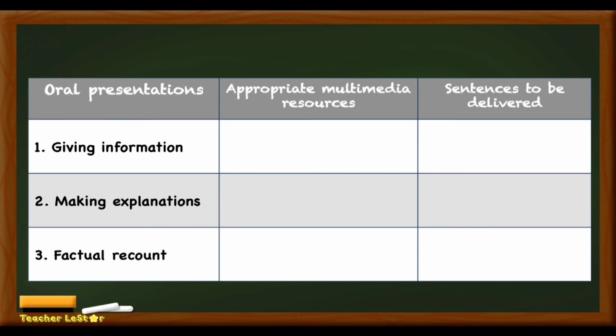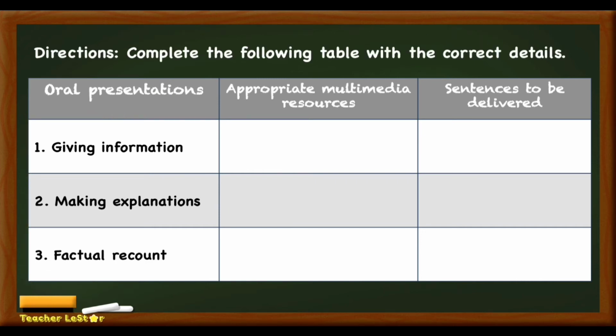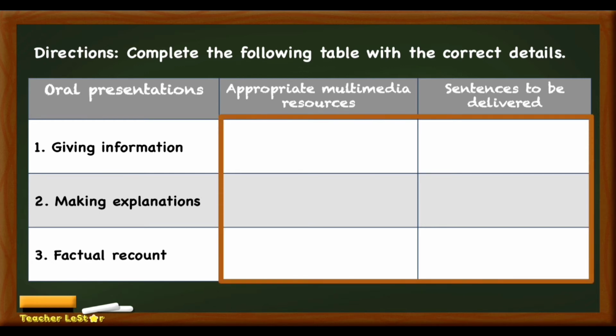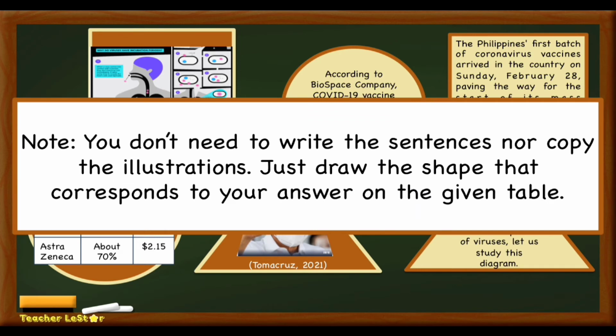Then, fill in the remaining boxes with answers after deciding on the most appropriate multimedia resource for each task, as well as a sample sentence to be delivered by the speaker. No need to draw or write the exact answers. Just copy the shapes.